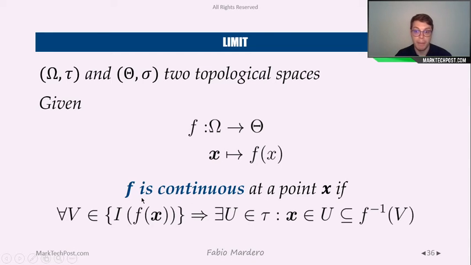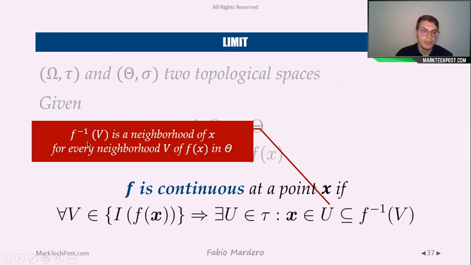So f is continuous at a point x if, whatever neighborhood V of f of x in theta, the codomain, we choose, we will always be able to find u in the topology such that x lies inside u, and u is a subset of the counter image of V. So the counter image of V is a neighborhood of x.